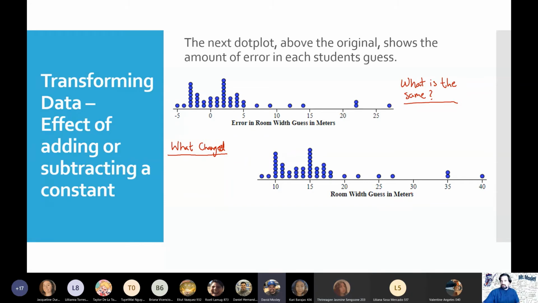Right. And so, yeah, Elliot and Raul were touching on the same things. The numbers shifted, right? So where everything was changed, right? So we can kind of say, what changed? Location, right? Where everything was changed.